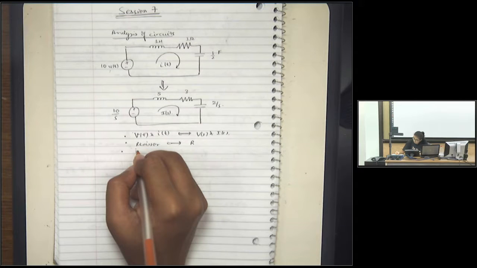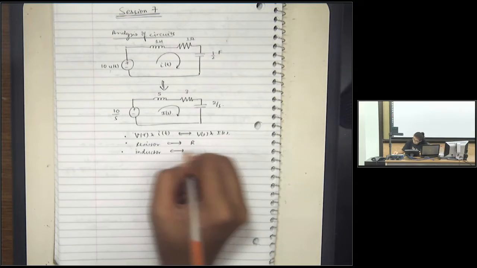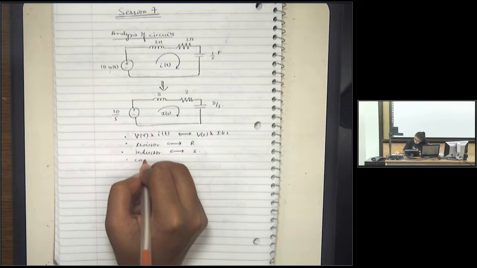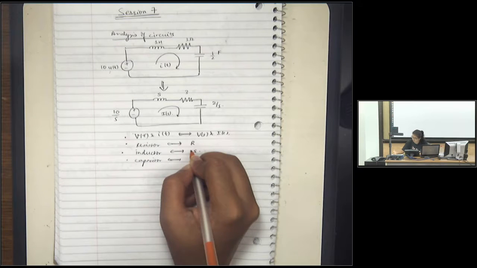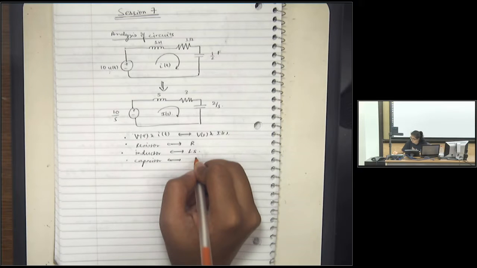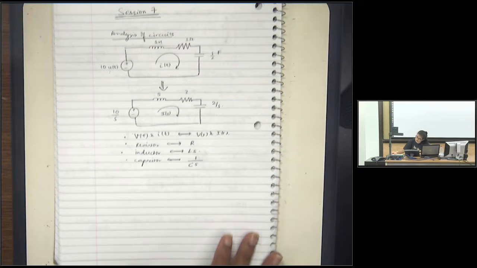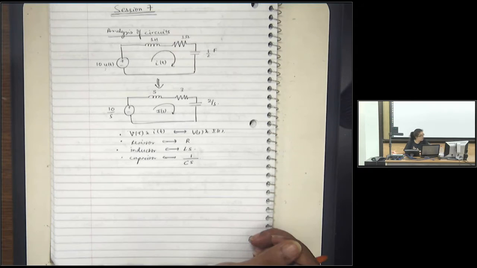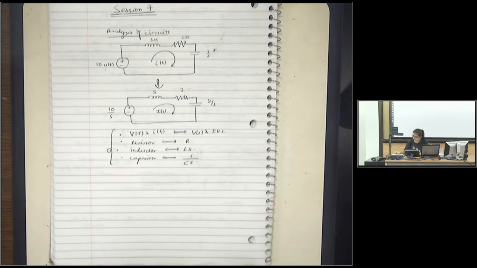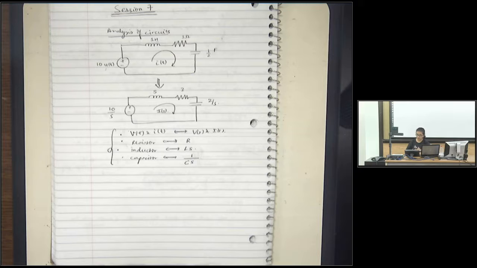Our inductor changes to sL, and our capacitor changes over to 1 over sC. So these are the basic equivalents of our circuit components in the S domain.